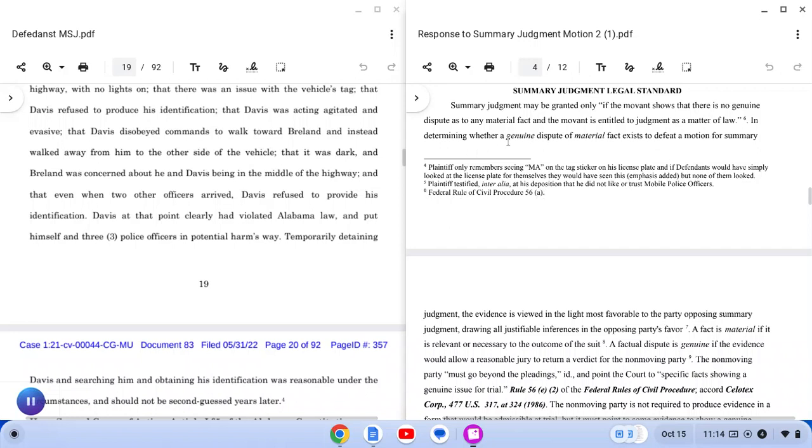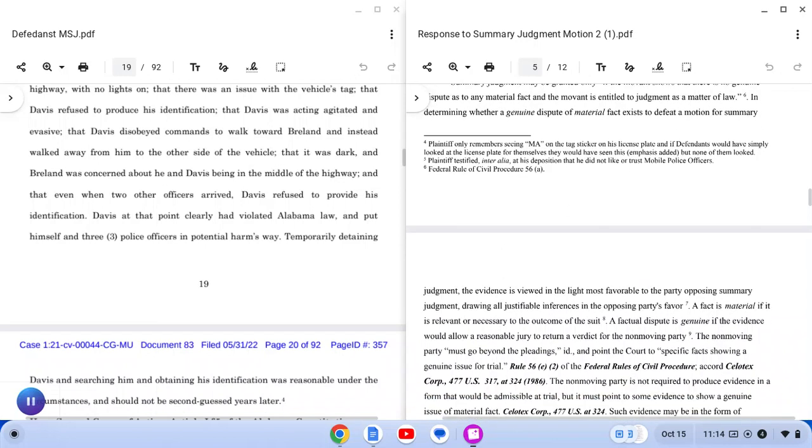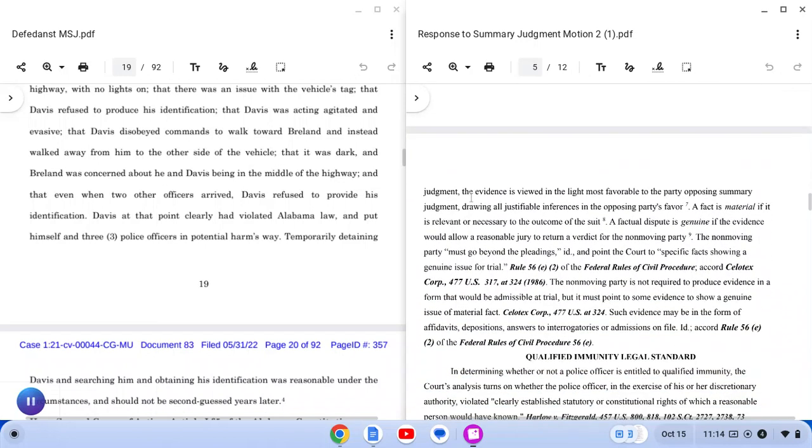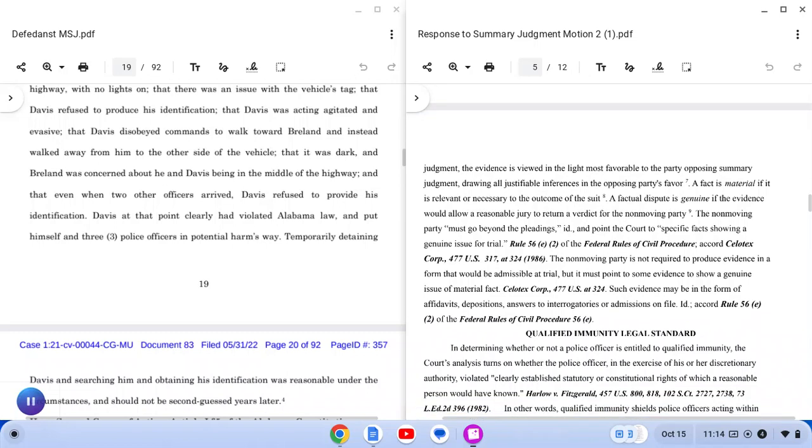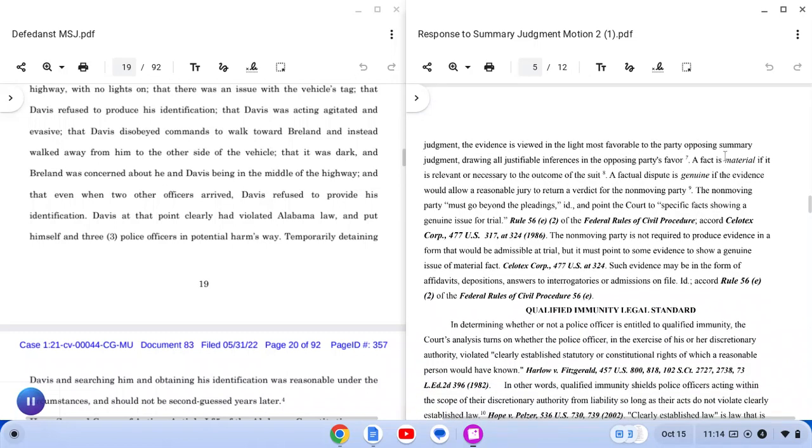In determining whether a genuine dispute of material fact exists to defeat summary judgment, the evidence is viewed in the light most favorable to the party opposing summary judgment, drawing all justifiable inferences in the opposing party's favor. A fact, now this is what they're going to tell y'all what they mean by material and genuine right now.